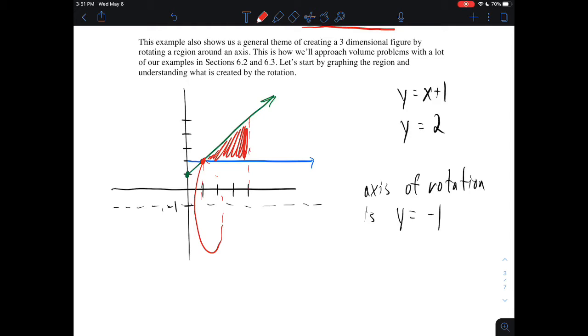Do you think I would get the same circular shape if I started with the point on the top right that's farther away from this axis of rotation? So I'd get a circle, but it would be bigger than the one that I just visualized with the other point. So we can just over accentuate that.